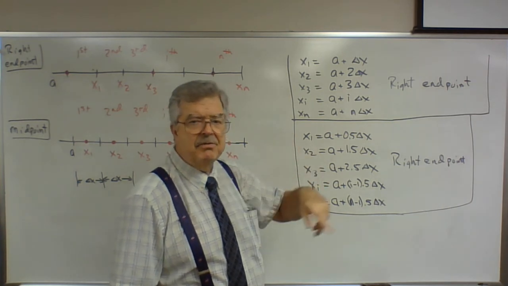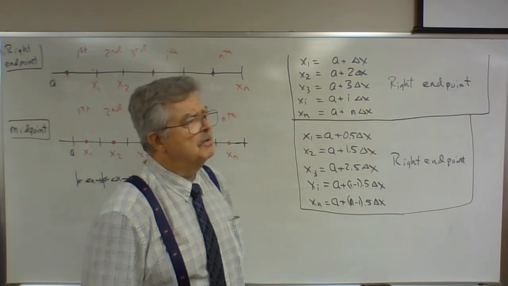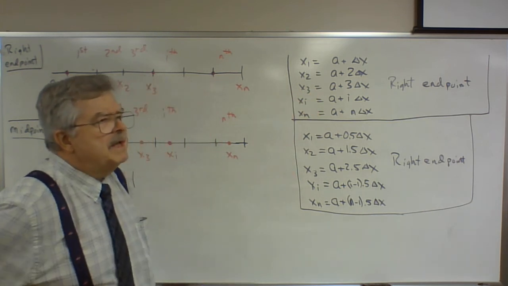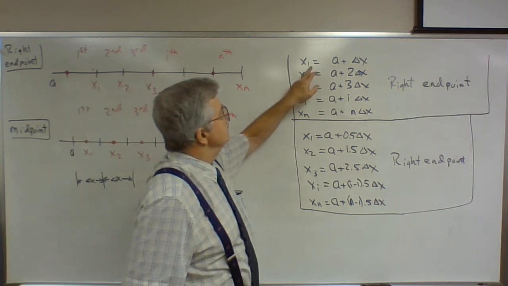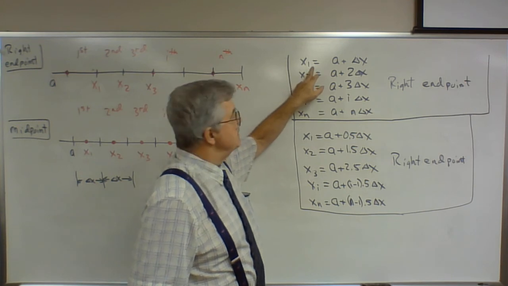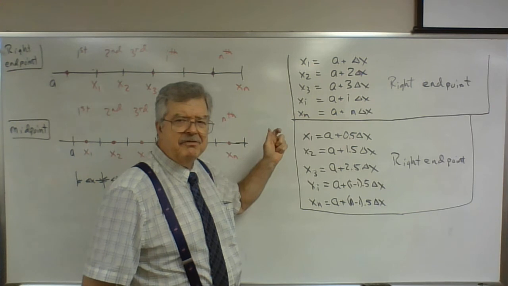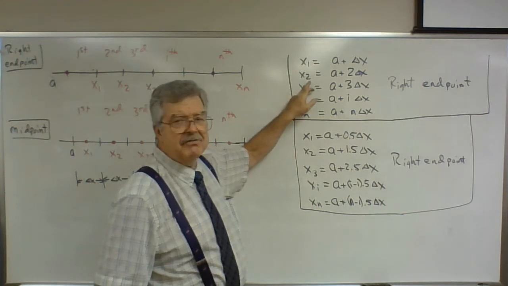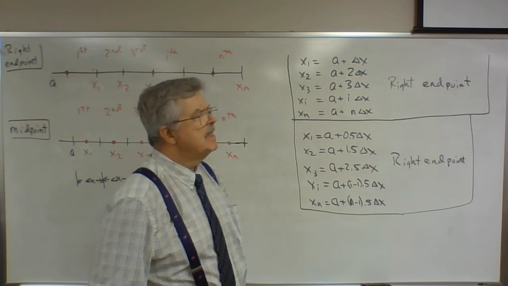Each time we go through the loop, we compute x sub i for the next loop. What we can do as an alternative is to get x sub 2 by just adding delta x to x sub 1. In other words, have the same x value each time and just increment the x value by delta x each time through the loop.